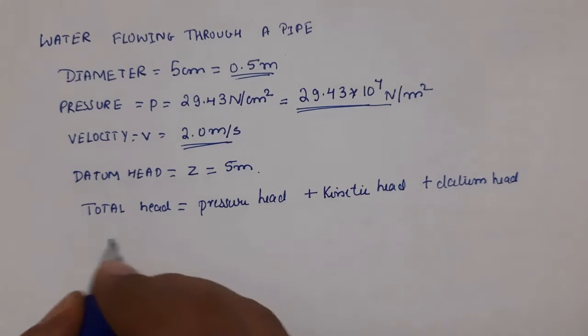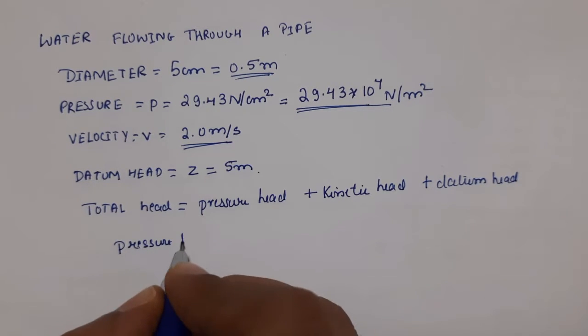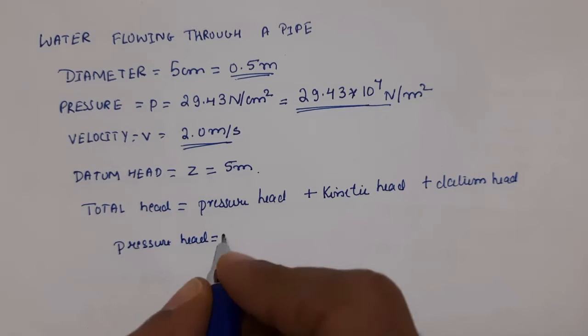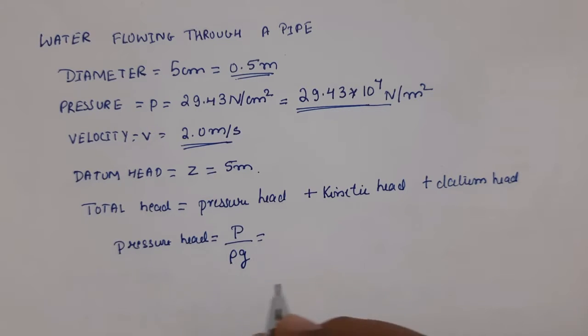Okay, so here the pressure head is nothing but, from Bernoulli's equation, P by rho G. This is called a pressure head.